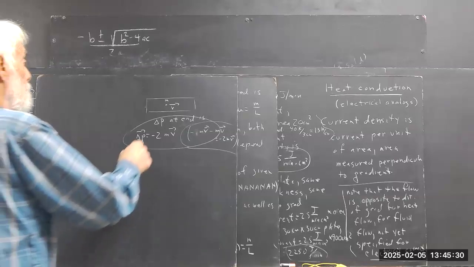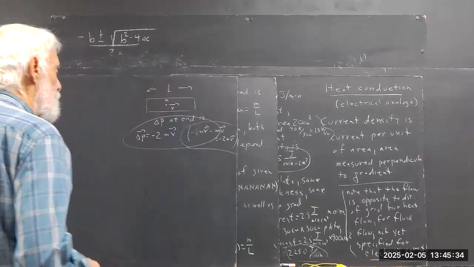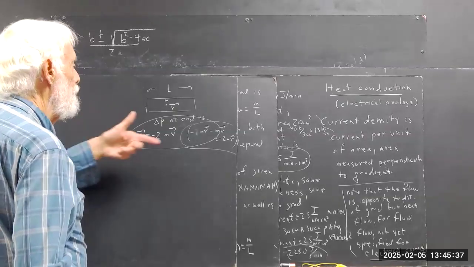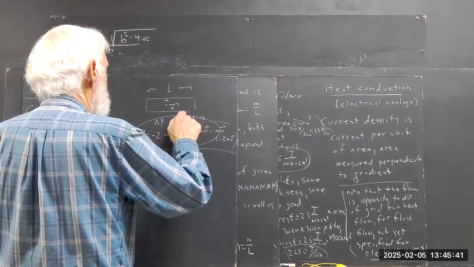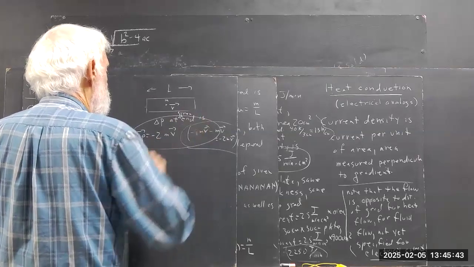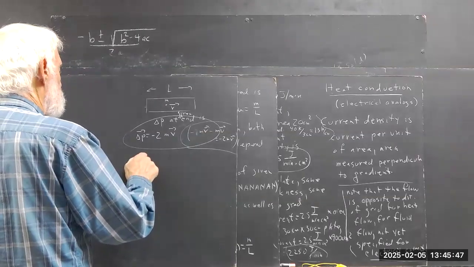Okay, now if the tube has length L, then delta P at a given end takes place how frequently?